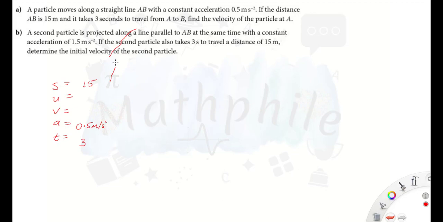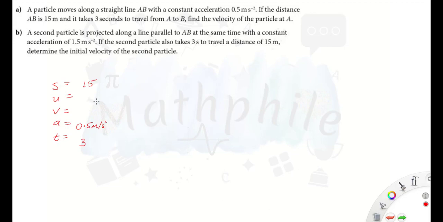So I think you can use s equal to vt minus half at squared to find the velocity.